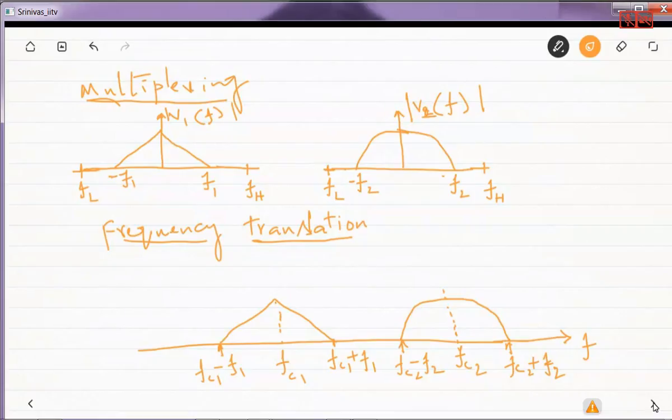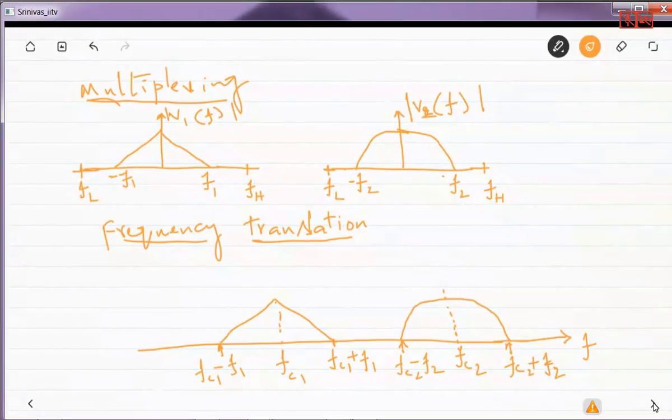Up conversion, frequency translation. But even there, you do this kind of frequency translation because all of our speech is in the same range, 0.3 kilohertz to 3.4 kilohertz. So to differentiate signals from different users, we move the frequency of one user using one carrier.